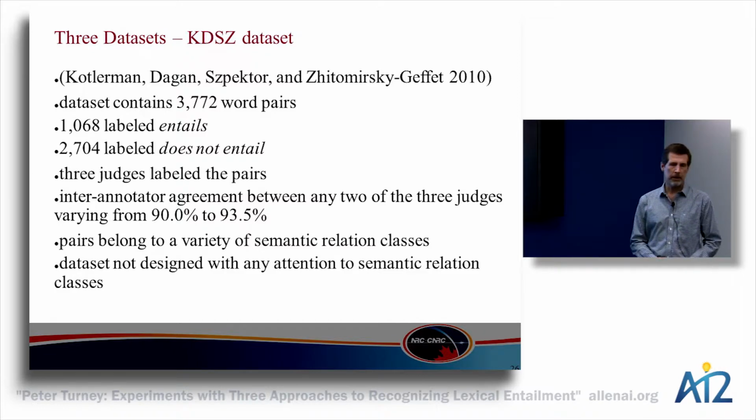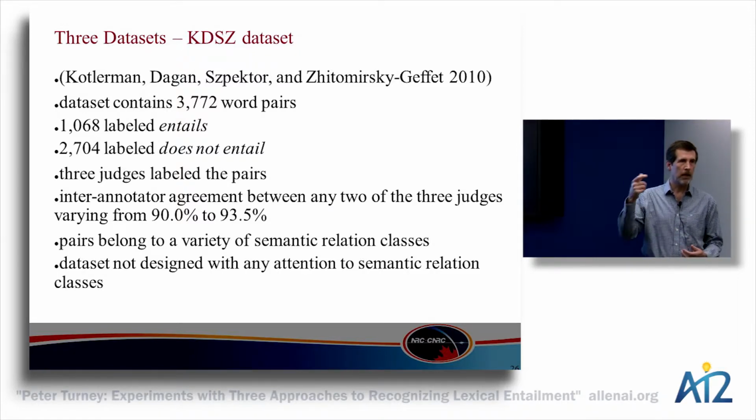The pairs in this data set, the word pairs, were labeled entails or does not entail by 3 judges, and they had quite a high degree of agreement. They define entails as a kind of substitutability thing. So in a sense, they asked the judges to imagine, for example, in the case of dog and animal, imagine a sentence that contains dog.